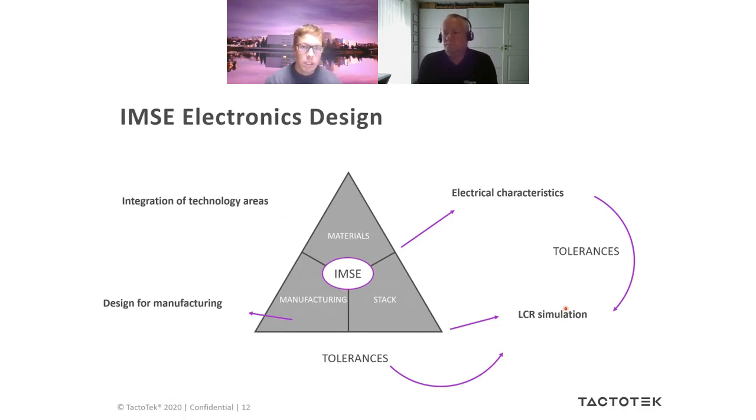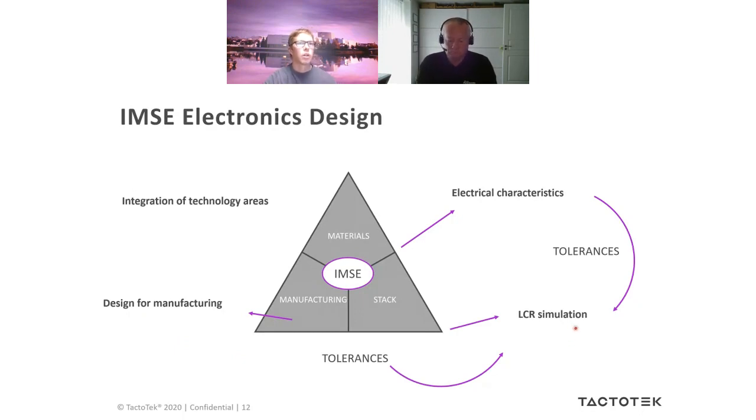So this slide concludes IMSC electronics design. The first thing is to make sure you understand the electrical characteristics of the materials that you are going to use. The second is to make sure you understand the design for manufacturing rules.